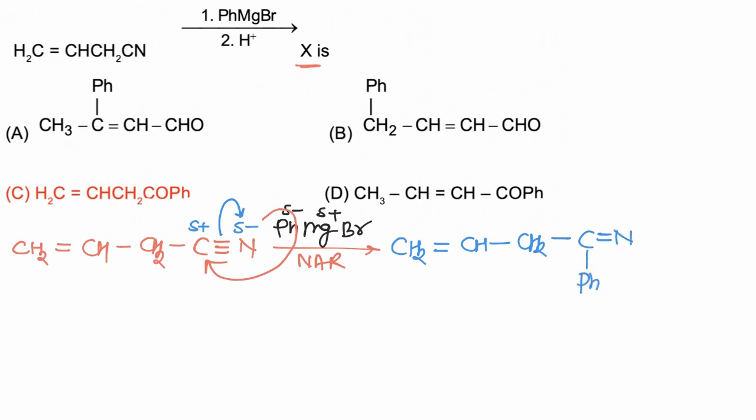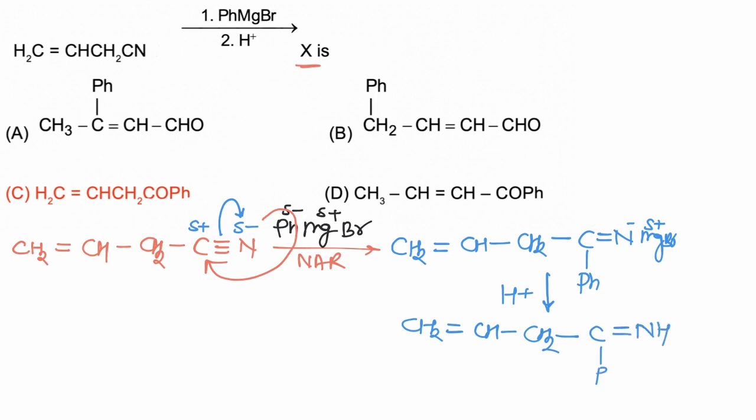Now PhN negative is attached with MgBr positive. Now in the second step, when acidic water is taken, in the presence of acidic water, CH2=CH-CH2-C=NH-Ph is formed.